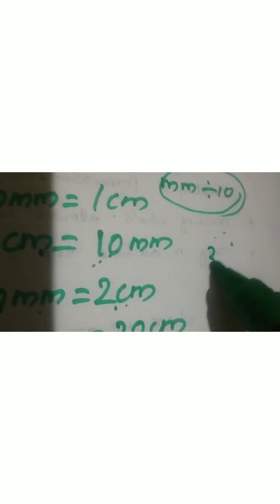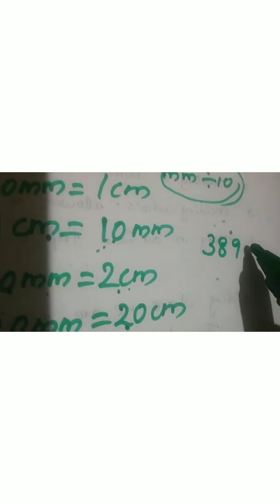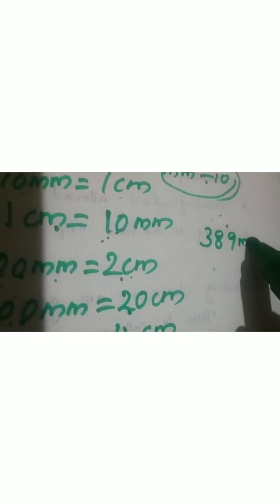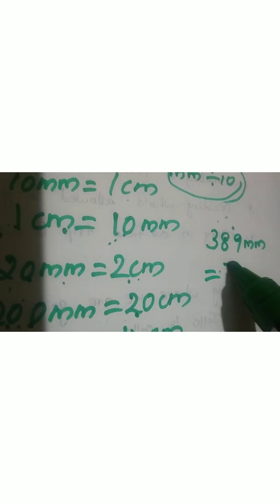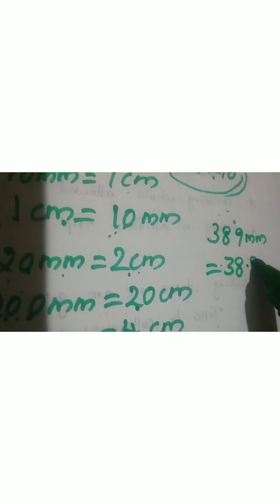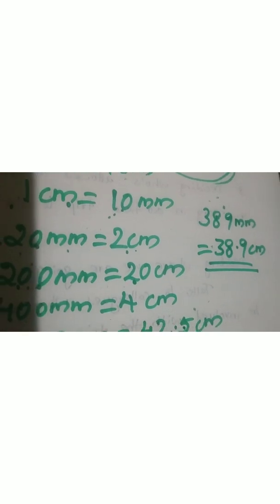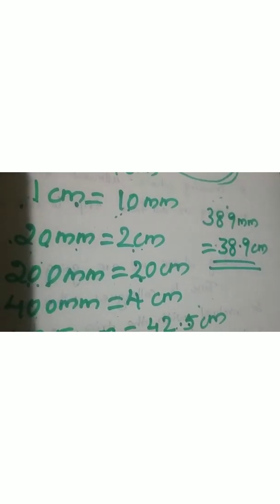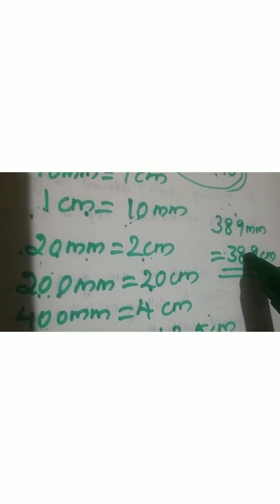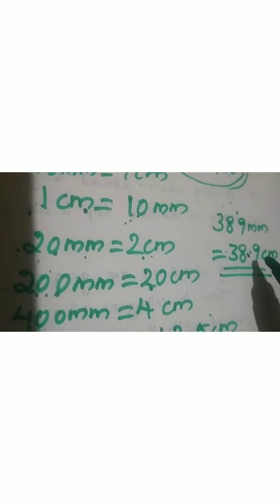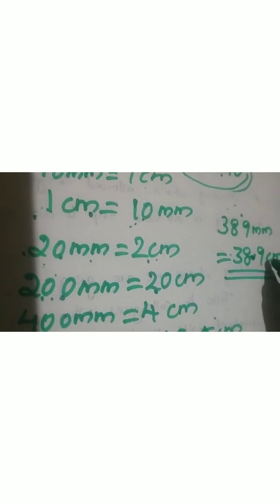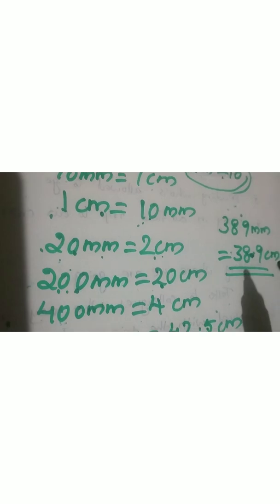Then 389 millimeter, we can write it as 38.9 centimeter. Okay. Keep a digit after this decimal point. Only 1 digit. Okay.